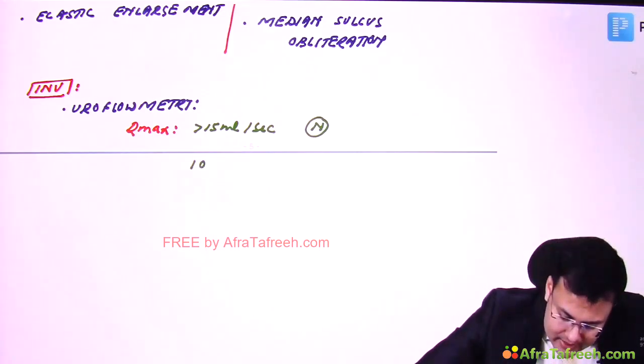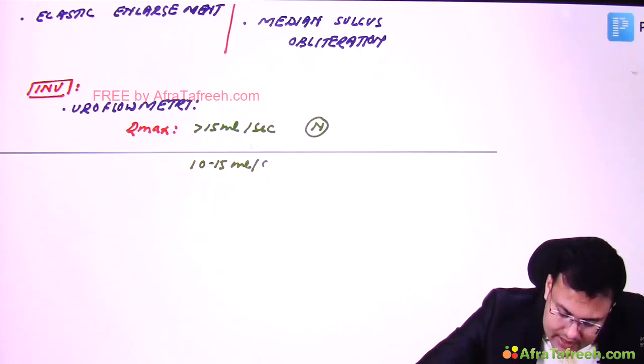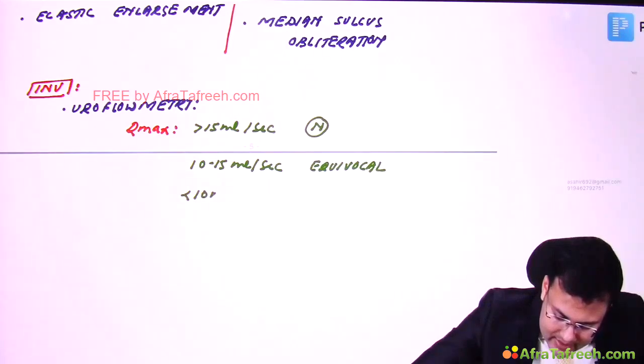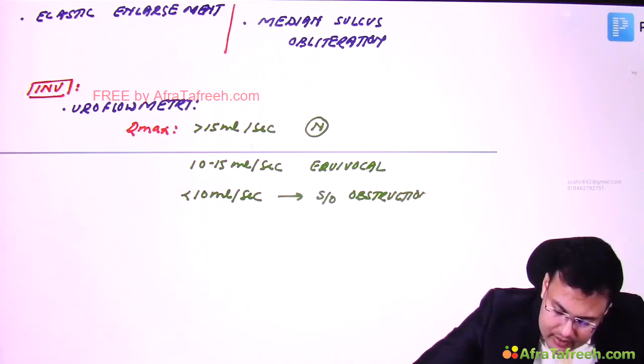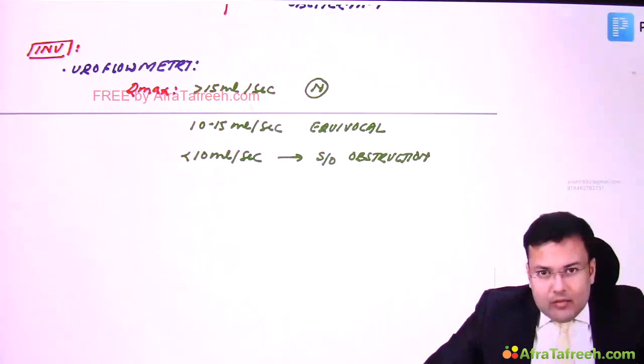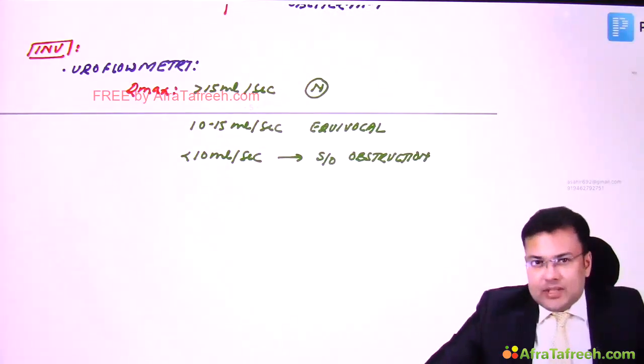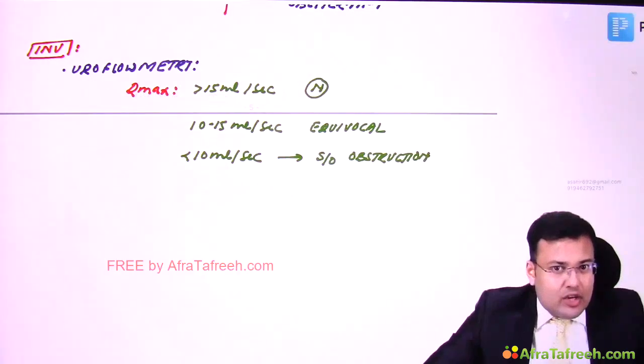If Qmax is 10 to 15 ml per second, it is equivocal. And when Qmax is less than 10 ml per second, this is suggestive of obstruction, right? I said Qmax less than 10 ml per second is suggestive of obstruction. I didn't say it is diagnostic of obstruction.